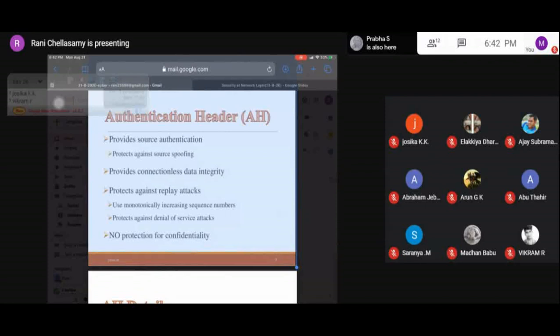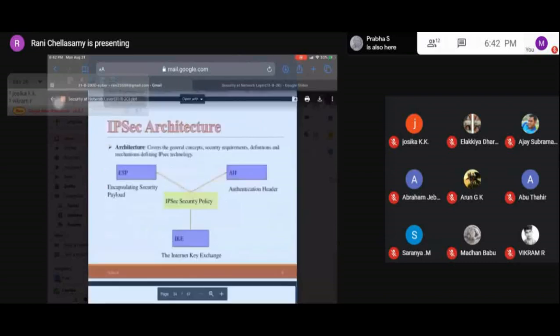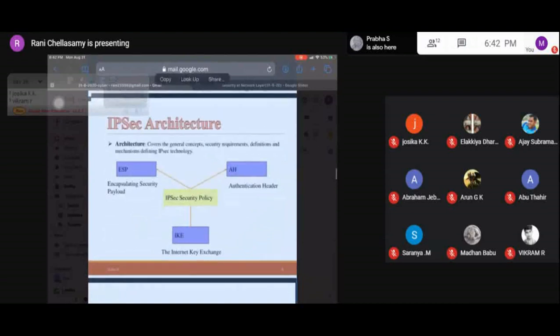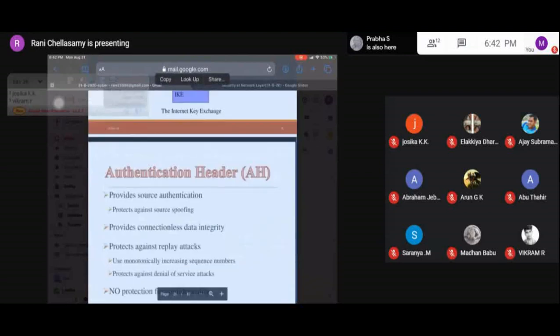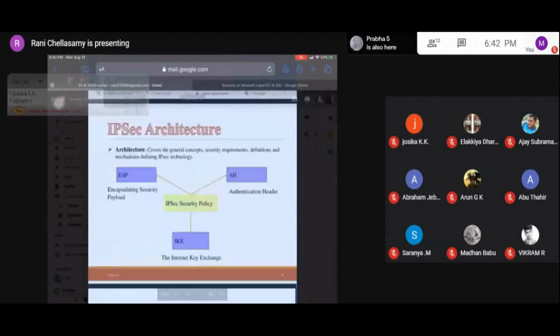That will be provided by the ESP component. So far we have seen the components: AH provides authentication, source authentication, data integrity, and replay protection, and the encryption part will be done by the ESP.